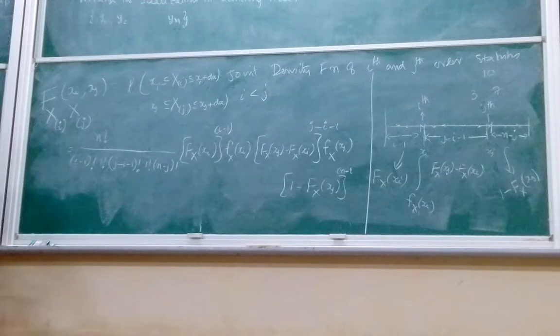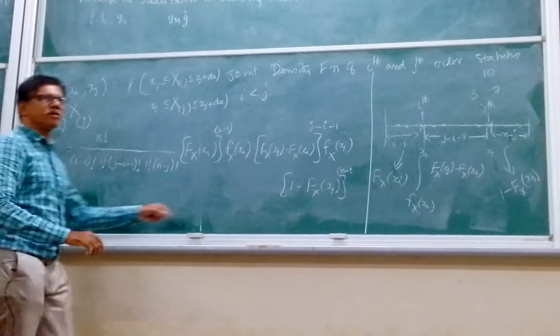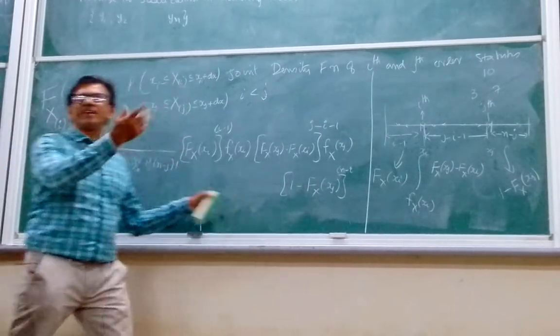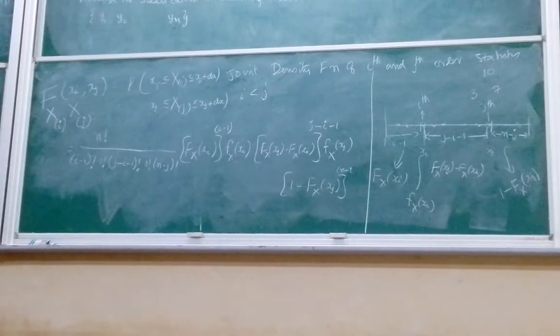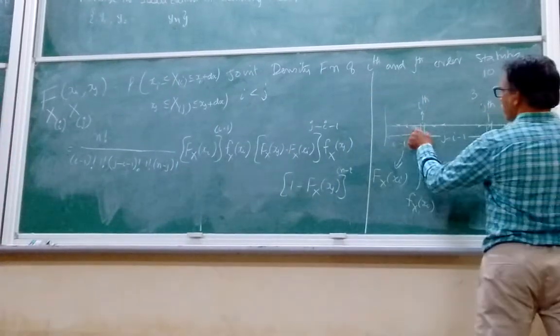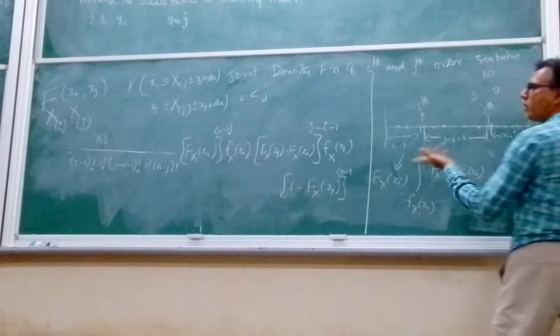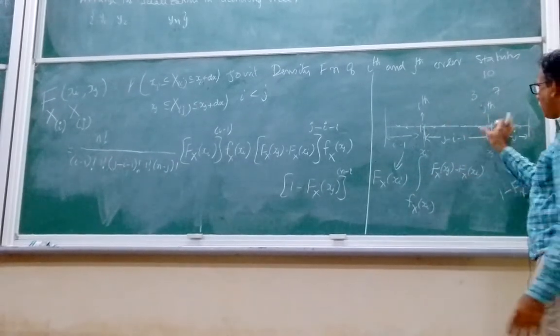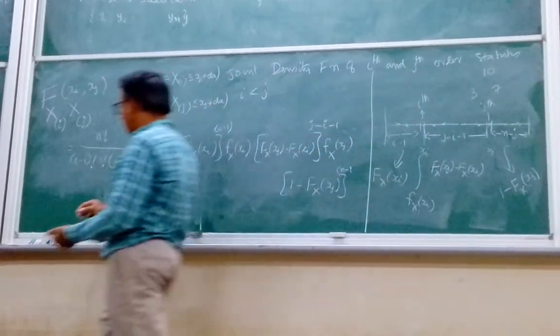So this is the joint density function of xi and xj. Similarly, you can find the joint density function of ijk. If you want three, we have to put three of them, find the probabilities accordingly, and then use the multinomial.